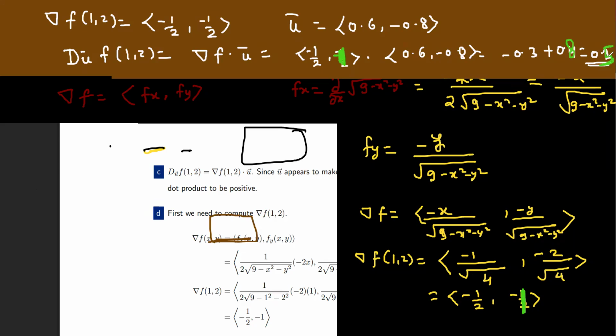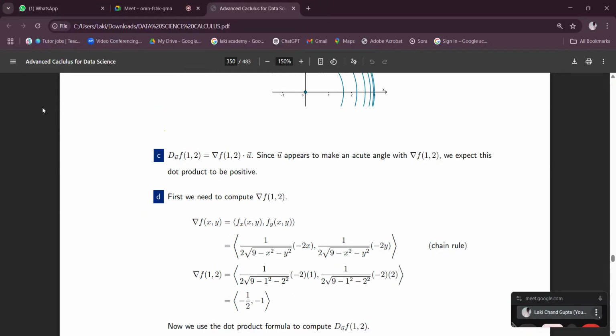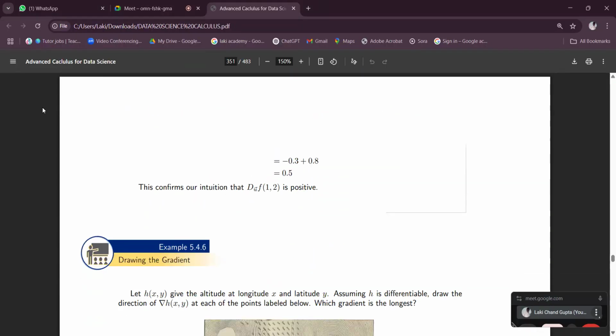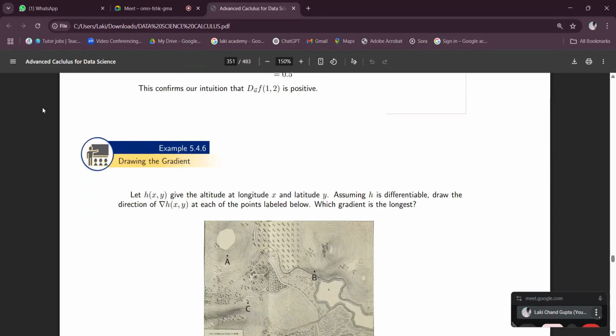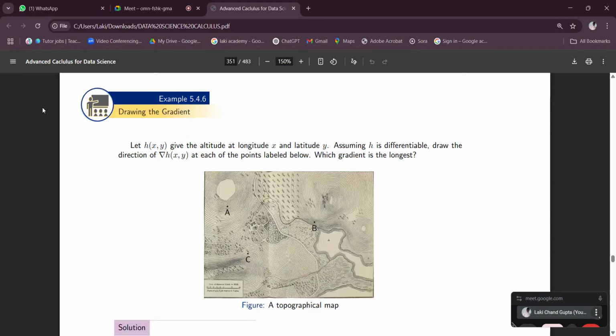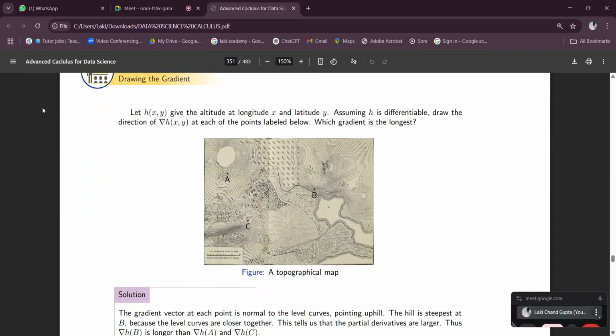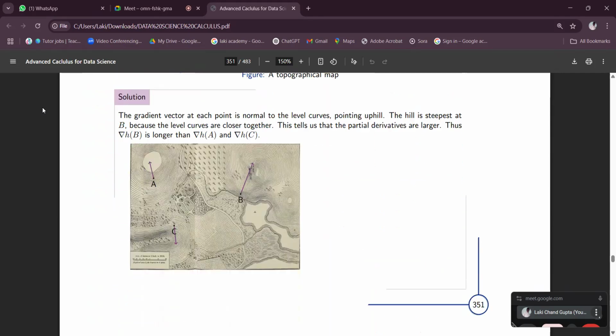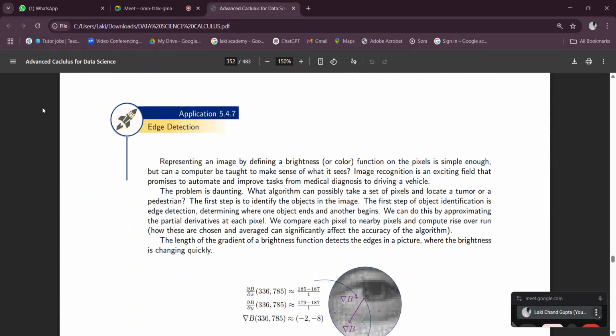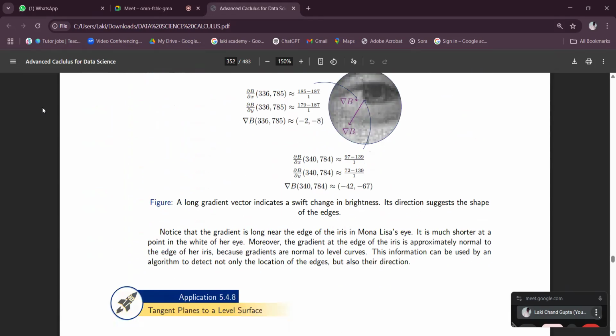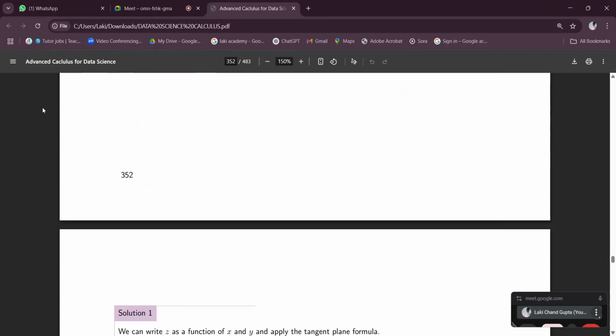So 0.5 will be there, right? See, I will tell you, 1 minute.